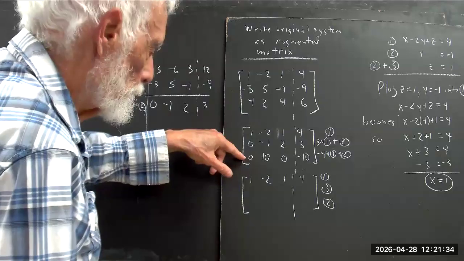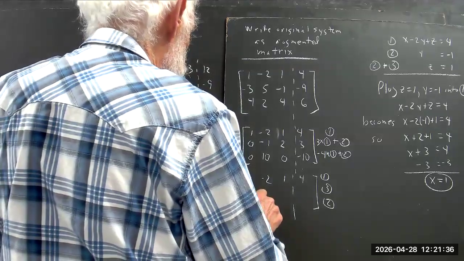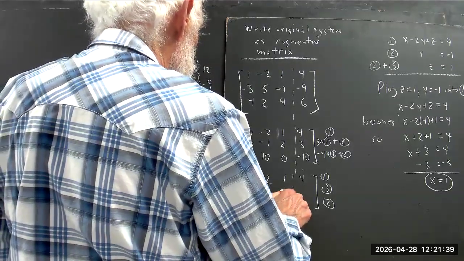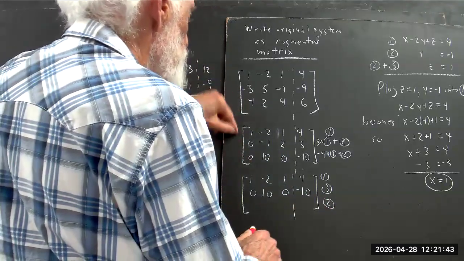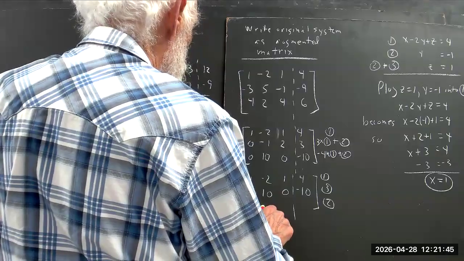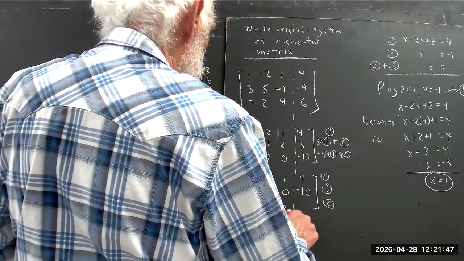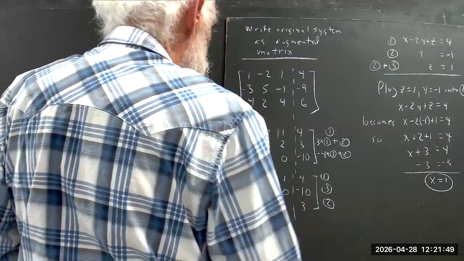Second row is going to be the third row of our previous matrix. That's our 0, 10, 0, -10. And the third row is going to be the second row of our original matrix, our last matrix, which is -1, 2, 3.